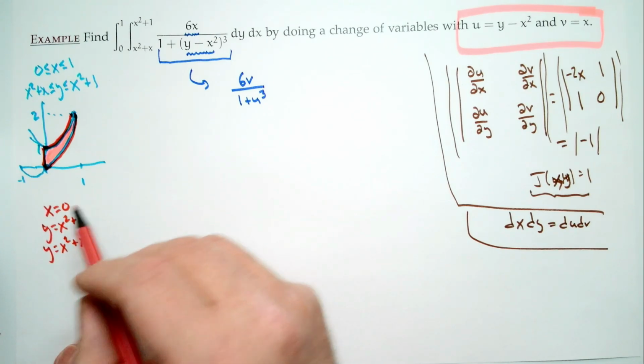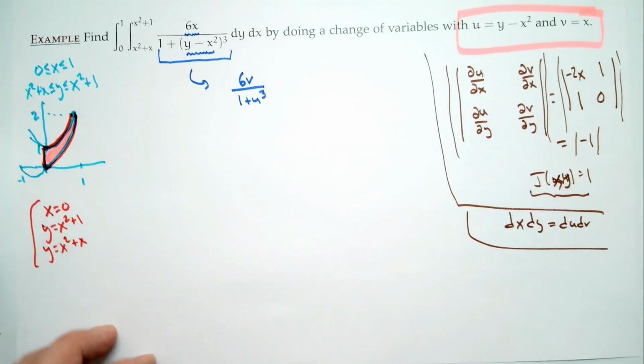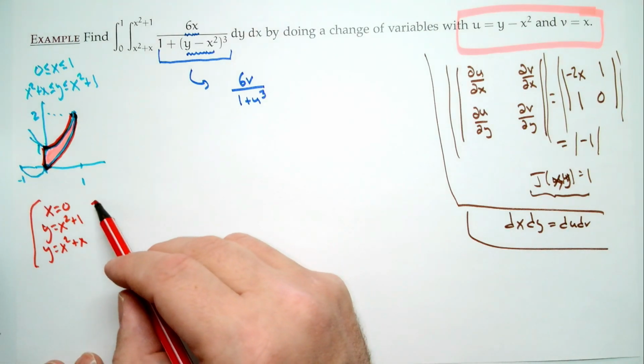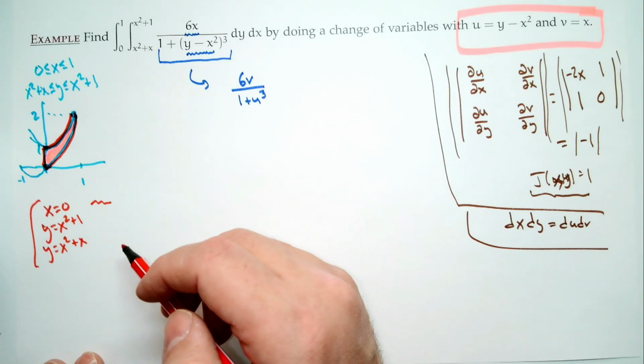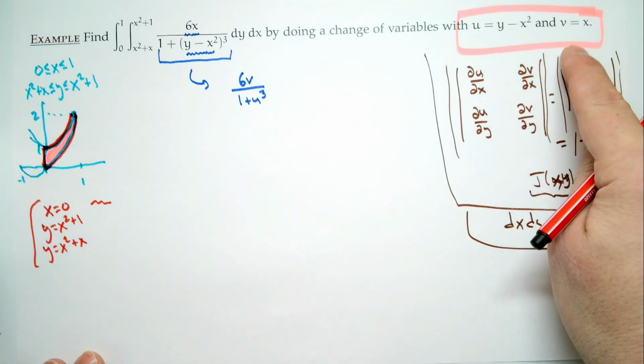So what happens is these are my boundary curves written in terms of x and y. What I'm going to do now is take these boundary curves and try to rewrite these in terms of u and v. So let's start with a simple one. X equals 0. How can I rewrite that in terms of u and v? I can write it as v equals 0, because v equals x.